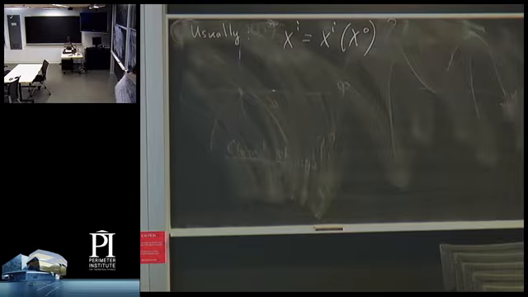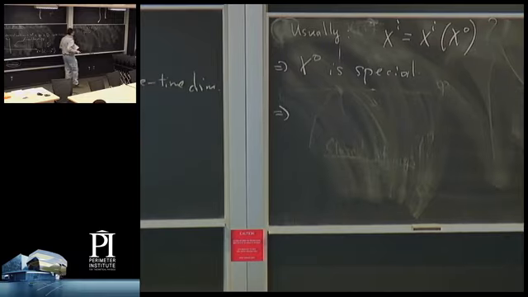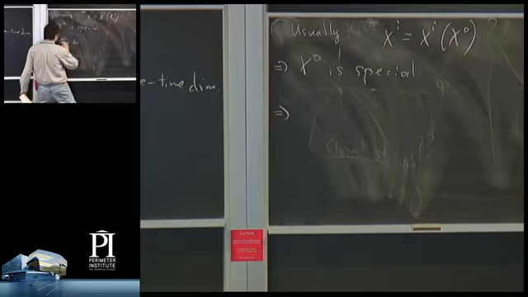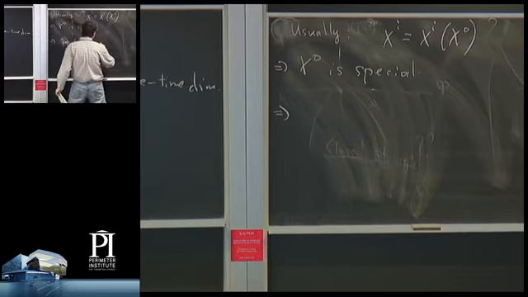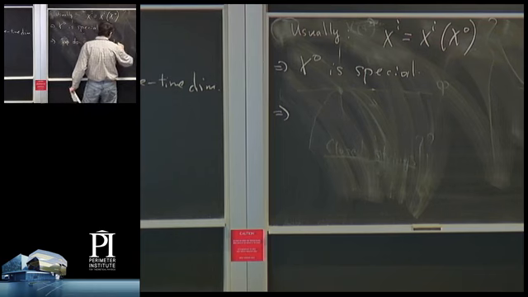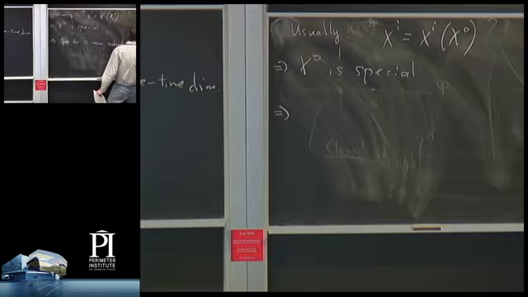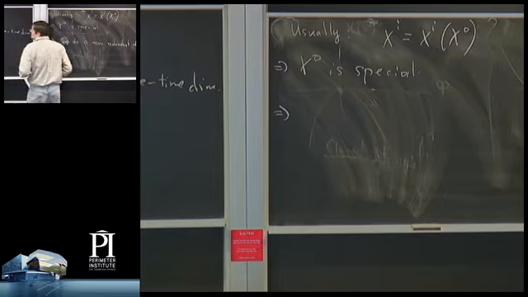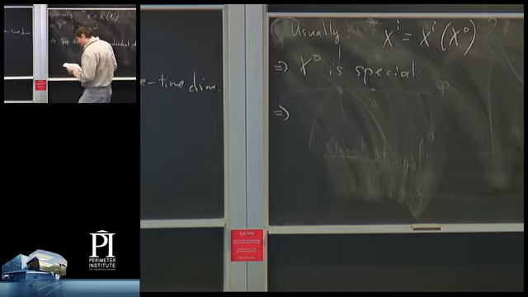And so the way to do this is to make the description of the particle slightly more redundant. So we're going to choose a parameter tau along the world line, and we parameterize the world line with an arbitrary parameter.